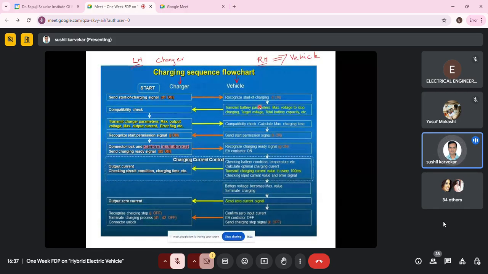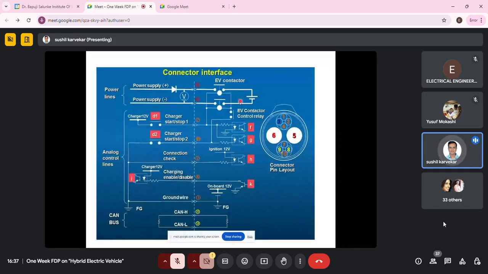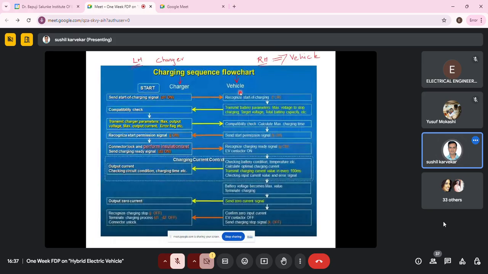The next part is the vehicle. The vehicle is going to generate a series of control or handshaking signals. These signals tell us, for example, the battery capacity is 2.2, the maximum voltage is around 200 volts, and the current rating is around 30 amps. All these signals are sent from the vehicle to the charger.